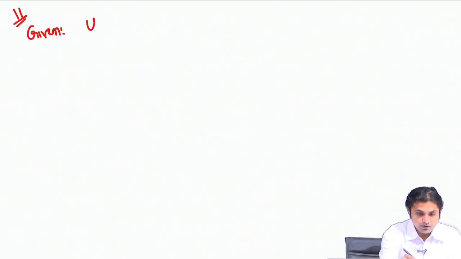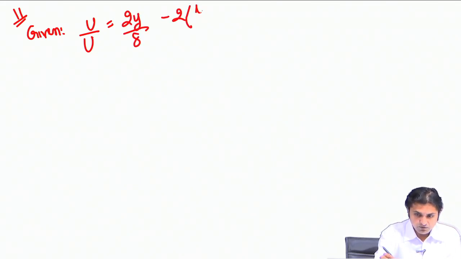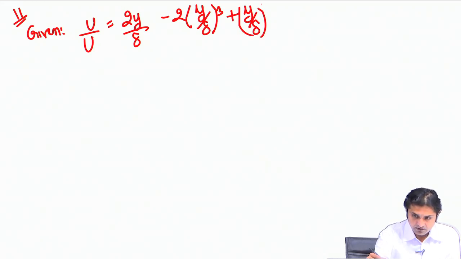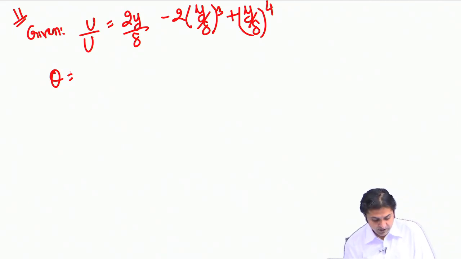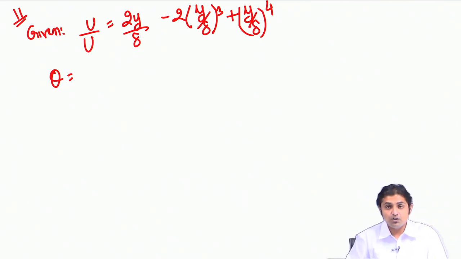Problem number 11: we have been given small u by capital U equal to 2y by delta minus 2y by delta whole cube plus y by delta to the power 4. First we calculate the momentum thickness, because that is required in the Von Karman momentum integral equation.